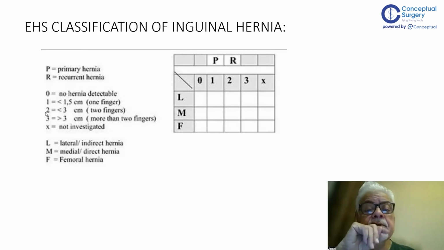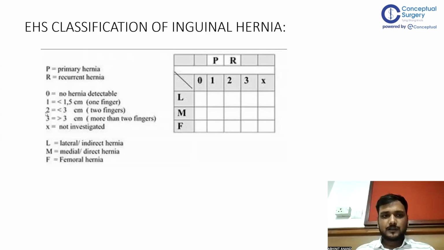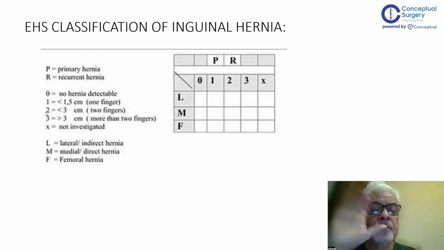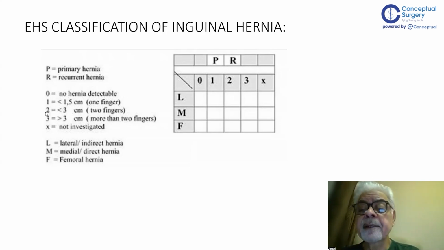This is another classification based upon physical examination, ultrasound, or CT? This is mainly based on clinical examination. I'm not aware if there is any investigation involved. By and large, we have been doing hernia surgery with clinical assessment alone, and it's only when the patient has hernia-like symptoms but the hernia is not visible or detectable that we move on to doing some investigations.